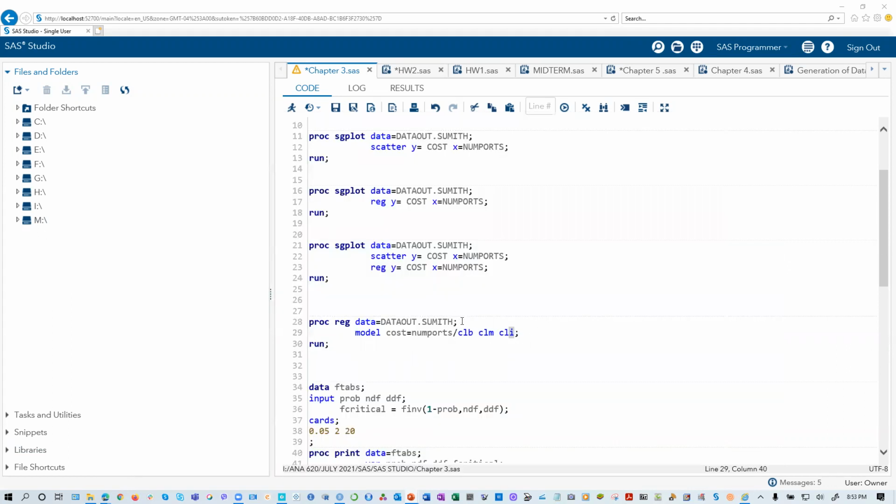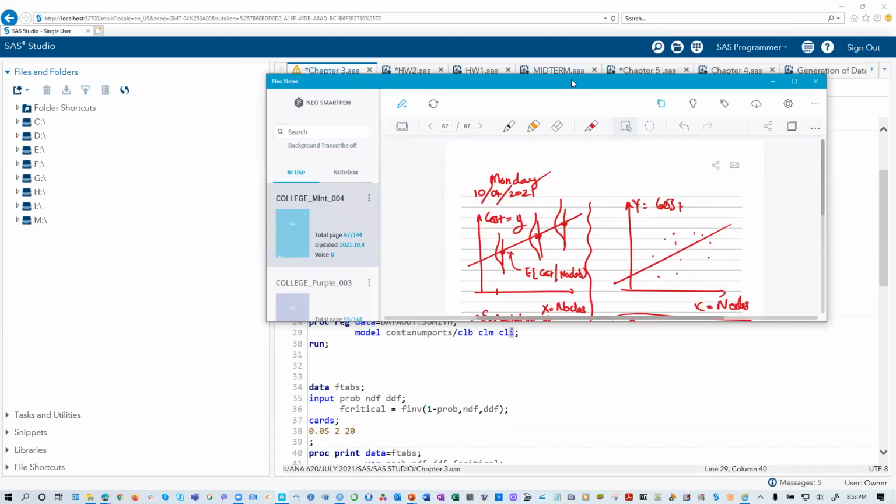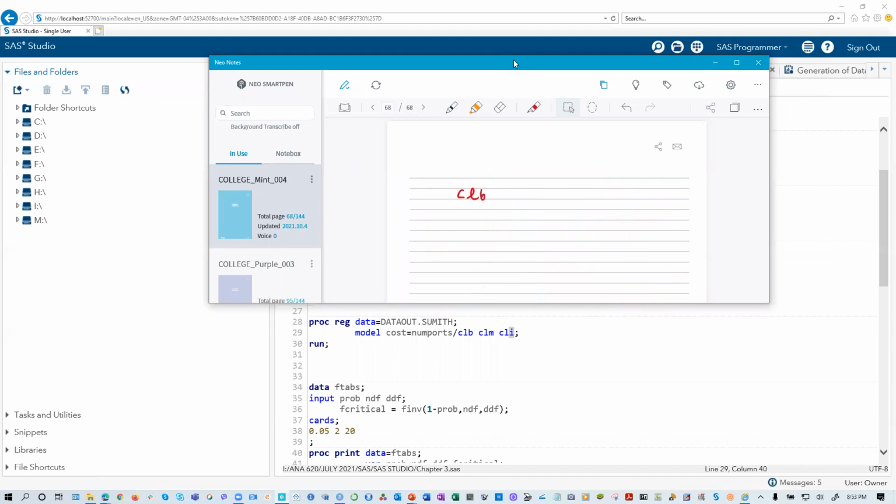So if I write this a little bit for you to get a rough idea, I don't write the equation here. I'm going to say CLB, the confidence intervals for beta.